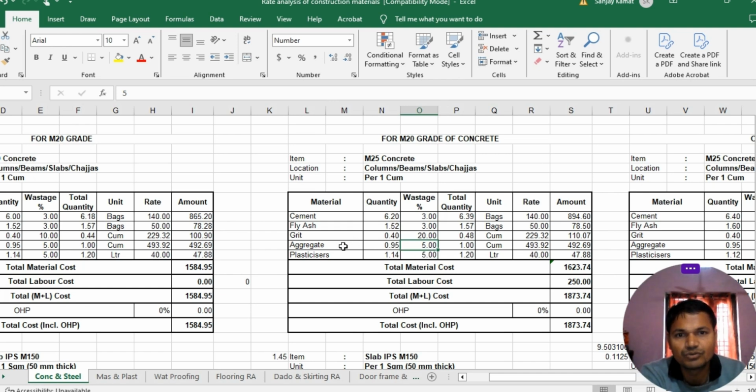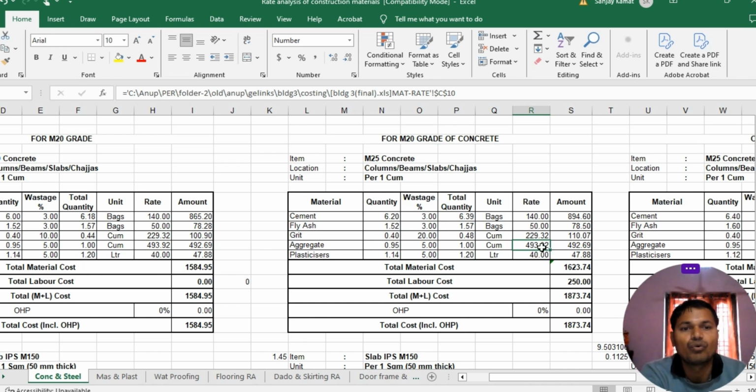This time we will do wastage of only 5%, and then the total quantity will be 1.00. Aggregate is also in cubic unit, so no need to do the addition of units.